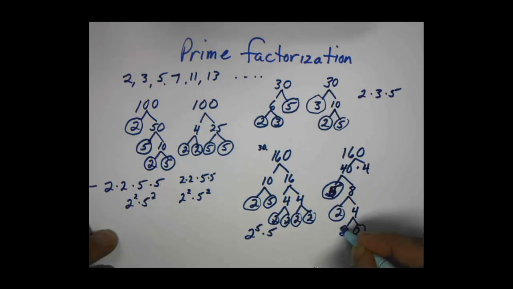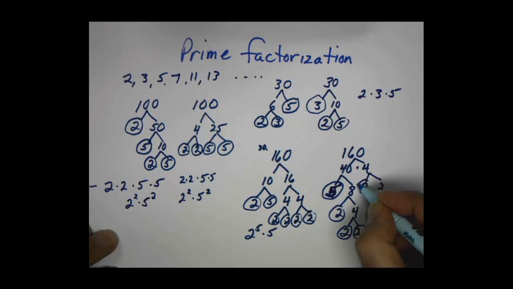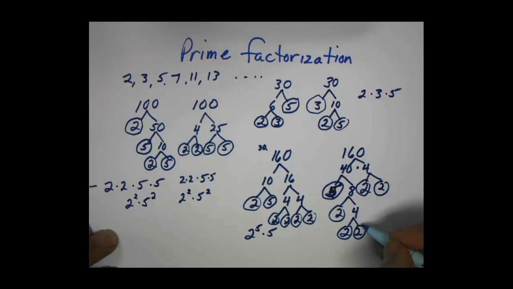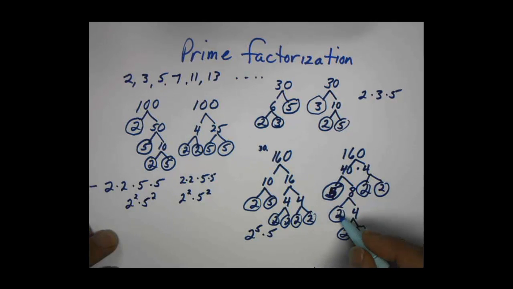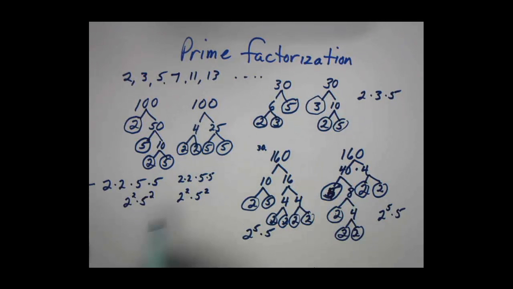We can't forget here because we haven't finished yet, so it's going to get branches, 2 and 2. Now I have circles at the end of all of my branches. I've still got 1, 2, 3, 4, 5 2's and one 5. So the answer is the answer. Doesn't matter how you go about doing it, you're going to get the same answer. Doesn't matter which way you start, the answer is the answer. Good luck with the problems.